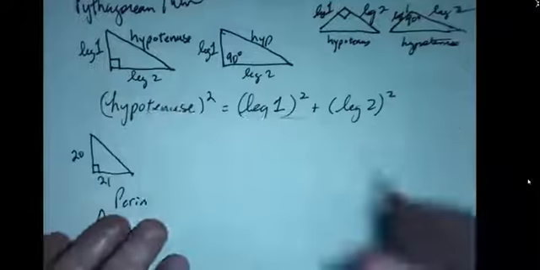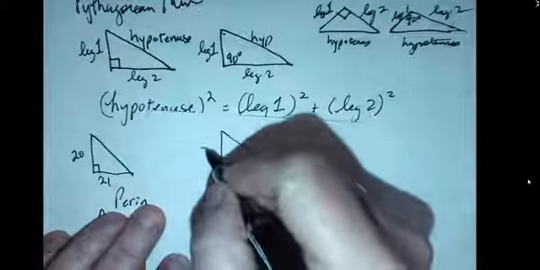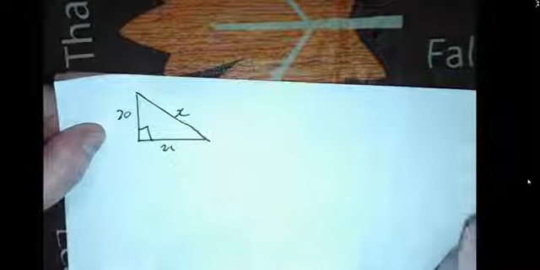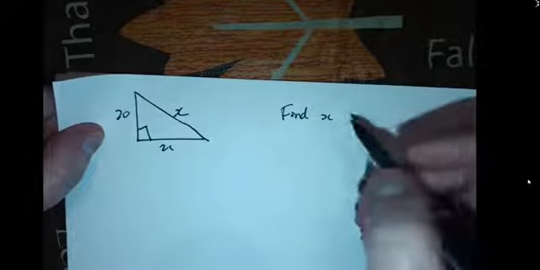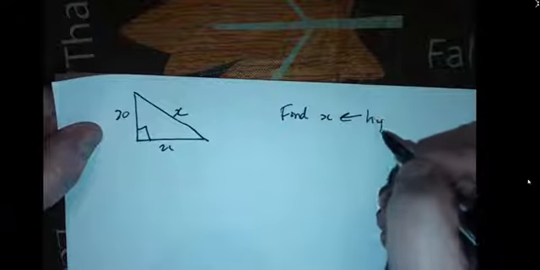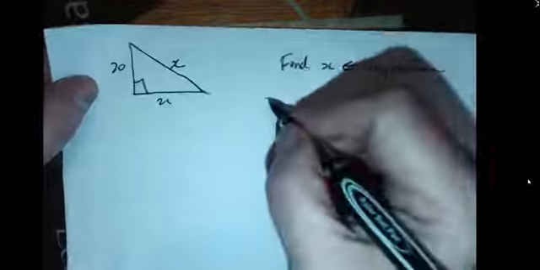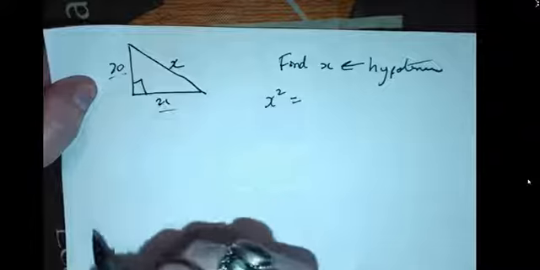Okay, so if we have something like this, and you're asked to find the missing side, well, we can see that the missing side is the hypotenuse. So they might have it like this and say find x. Well, it's up to us to see that x is the hypotenuse. So the hypotenuse squared is, and we can call this one leg 1 and that one leg 2.